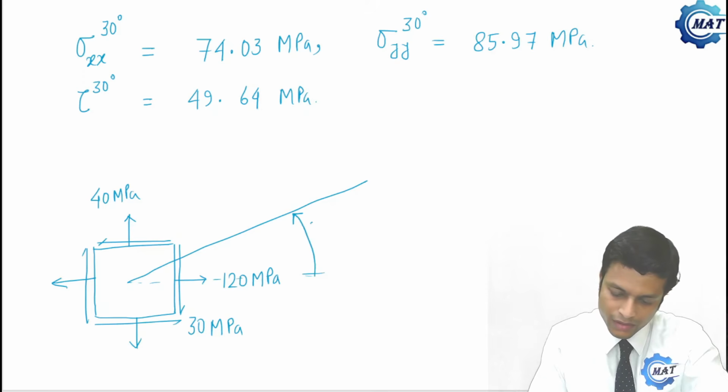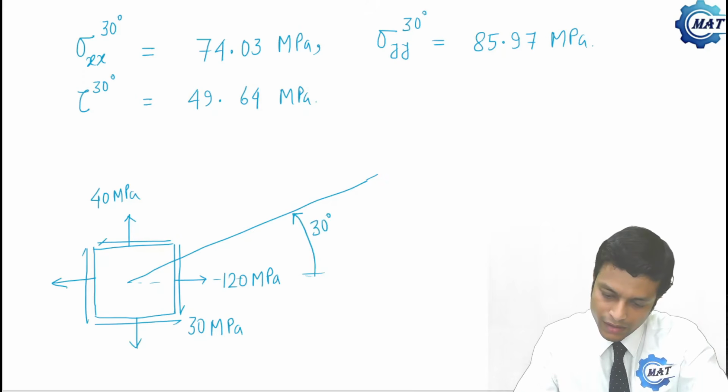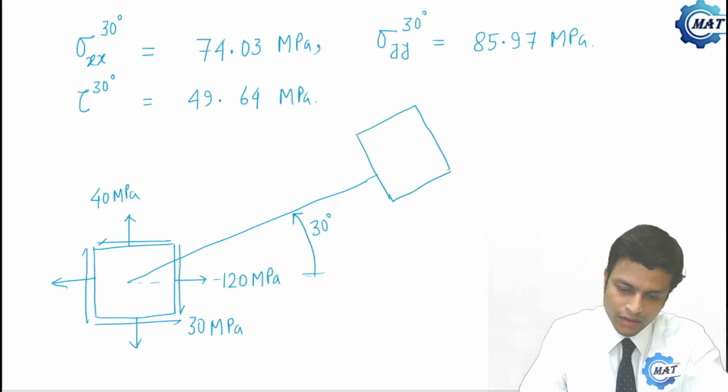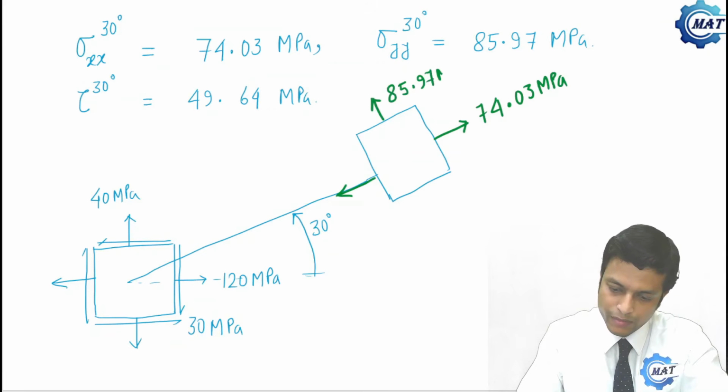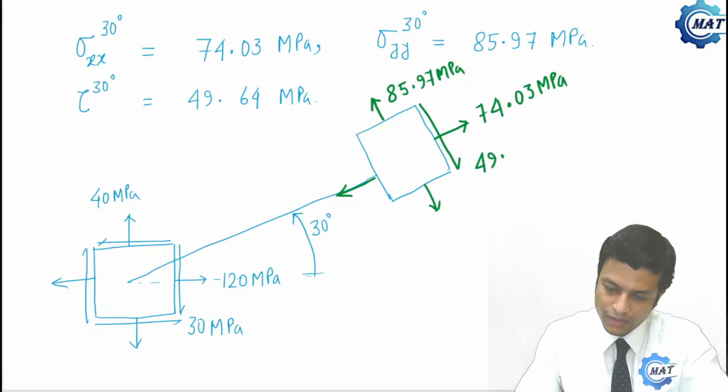So this is, say, 30 degree, and here the state of stress is, this is 74.03 MPa, and this is sigma YY 30 degree, that is 85.97 MPa, and this shear stress is 49.64 MPa.